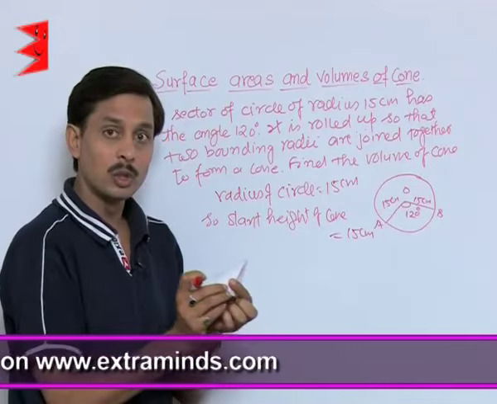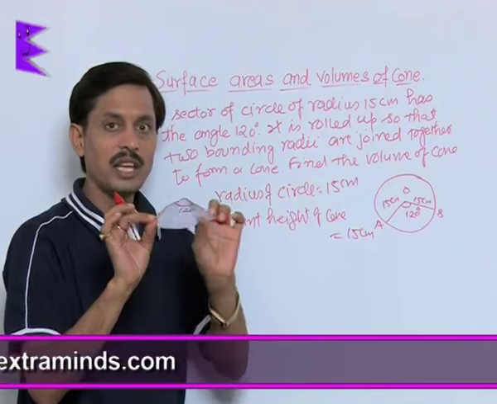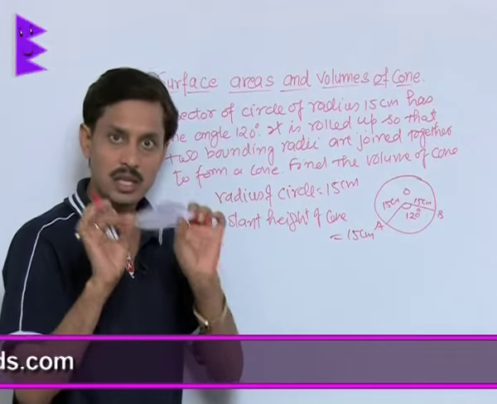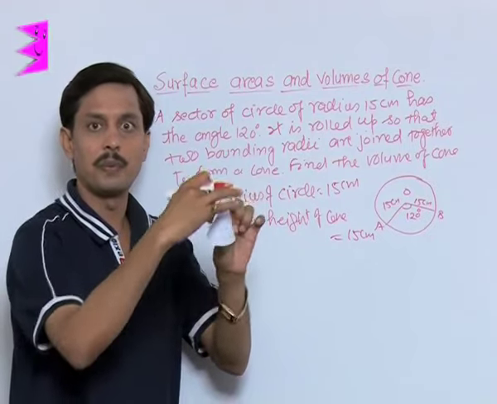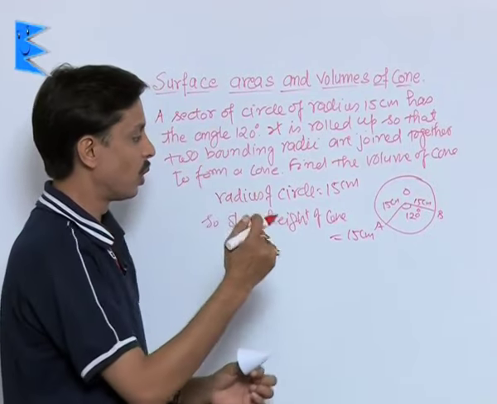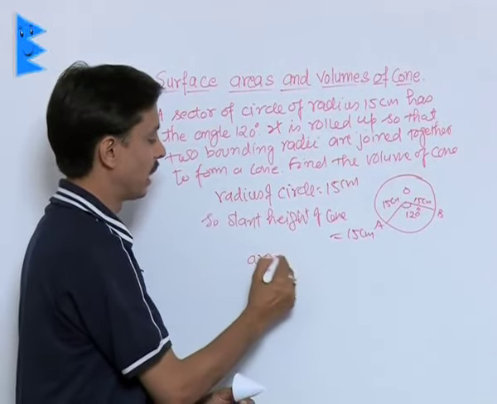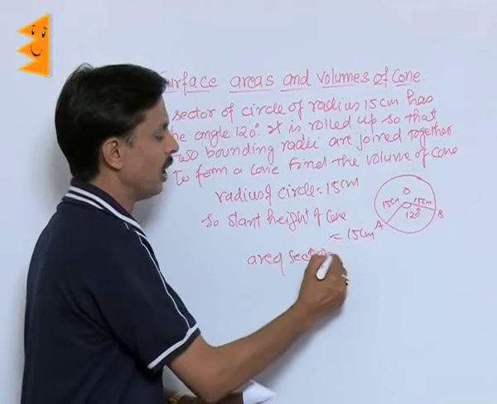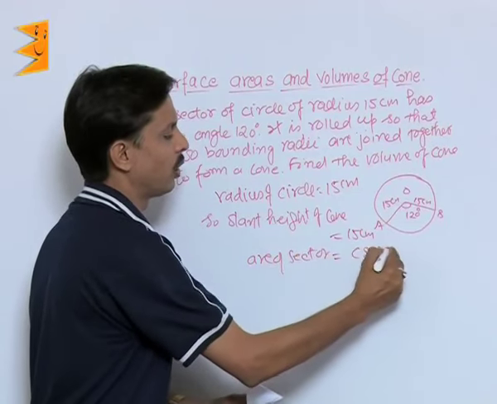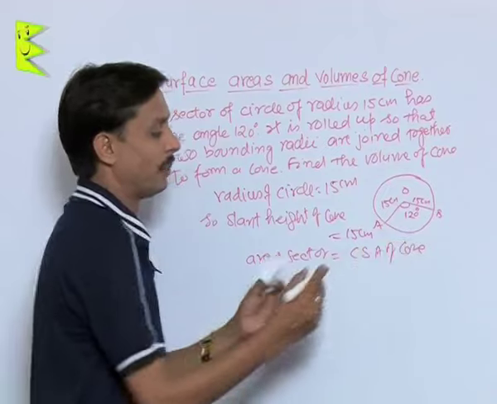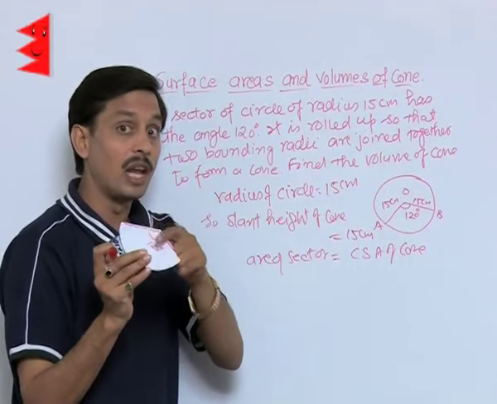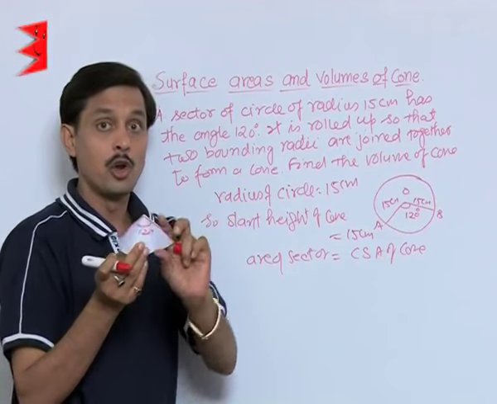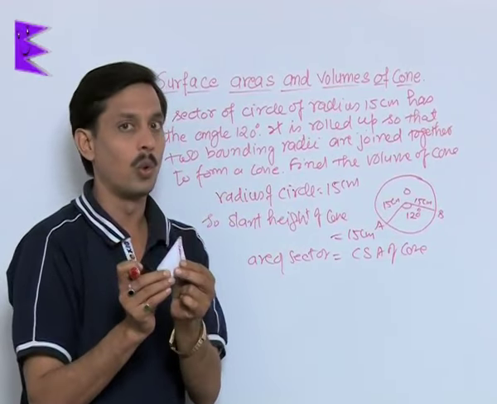Agreed. Also, the area of this sector is the same as the curved surface area of the cone. So area of sector is equal to CSA of cone. Remember, 15 is the radius of the sector, not the radius of the cone.